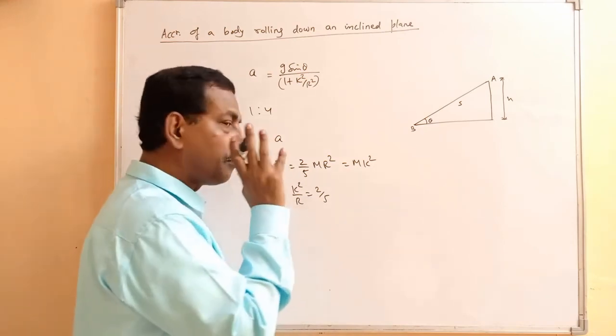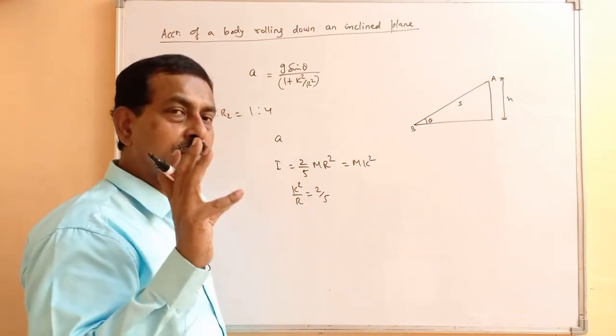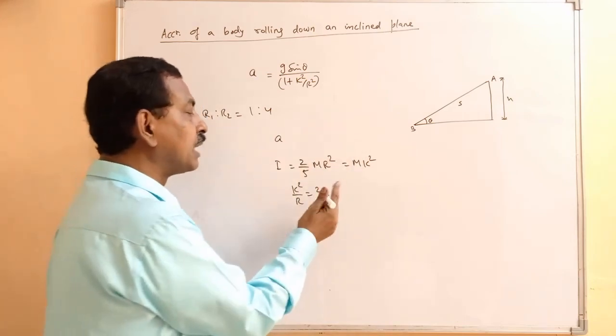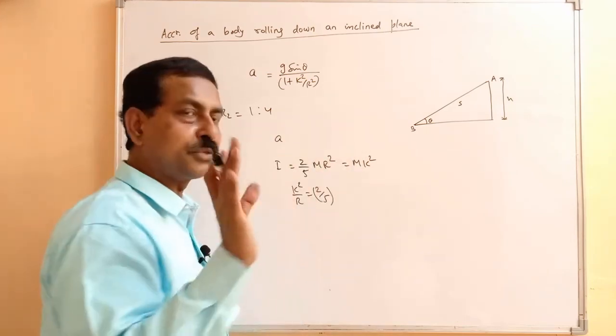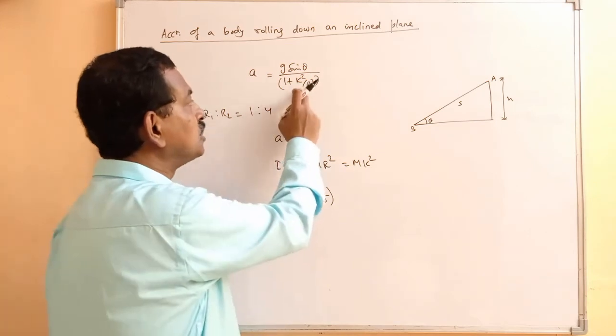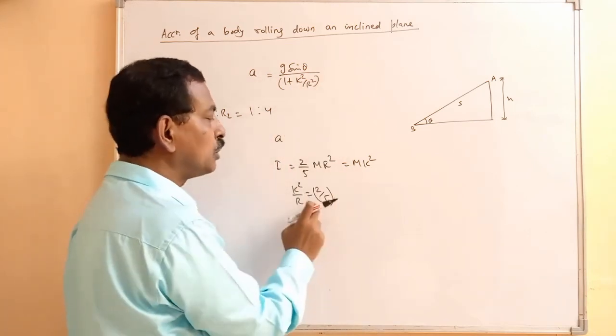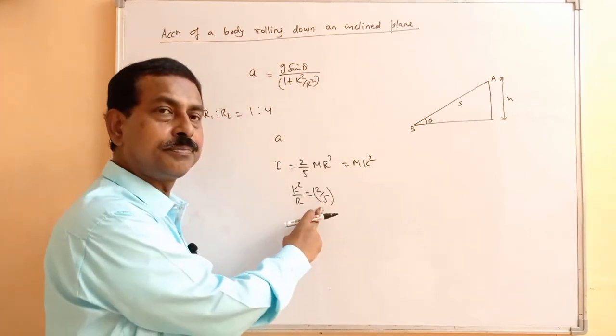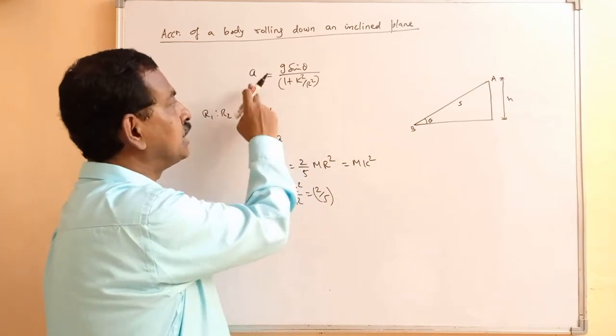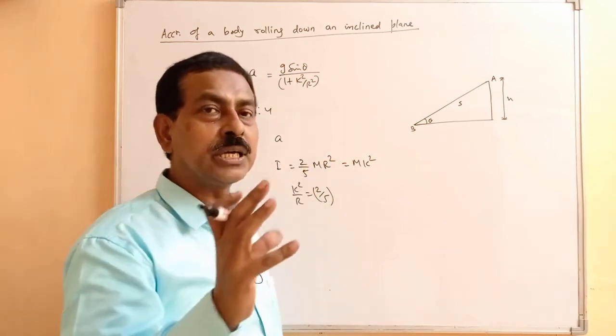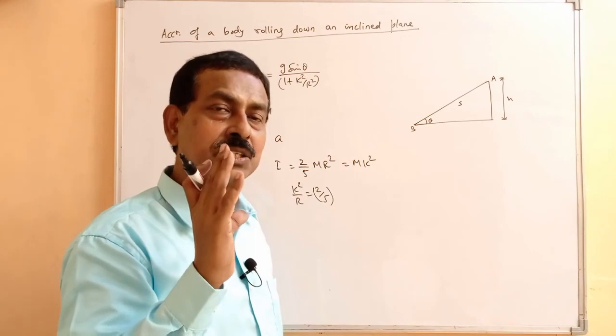So for a particular type of body, like the solid sphere, the k square by r square value is fixed. That means this term is fixed. It is now independent of r. It means whether it is a smaller sphere or a bigger sphere, for both the acceleration will be the same.